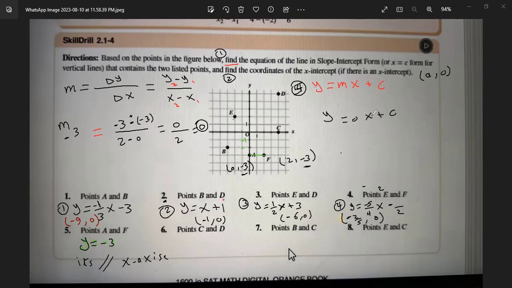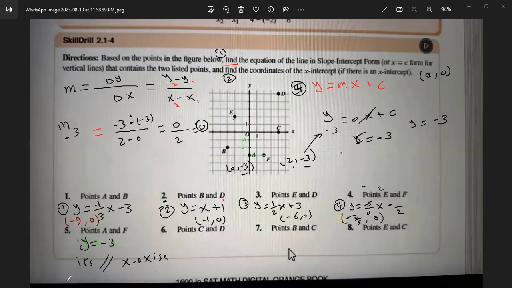Whatever, put x equals 0, 0 times 0, or put x equals 2, 2 times 0, and y equals -3. With any point you can deduce the value of c. So c equals -3, exactly. So y equals -3. This is our equation.